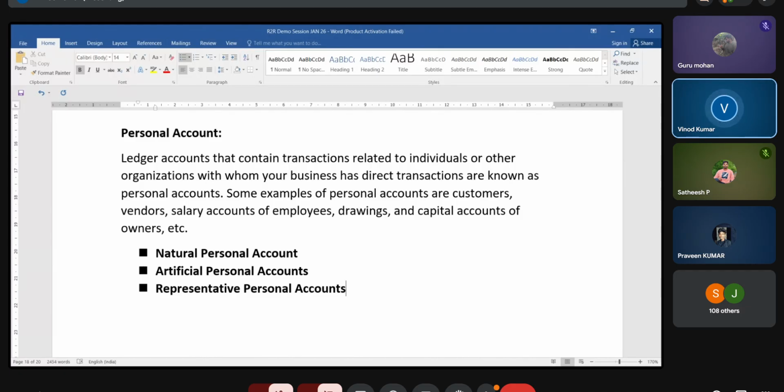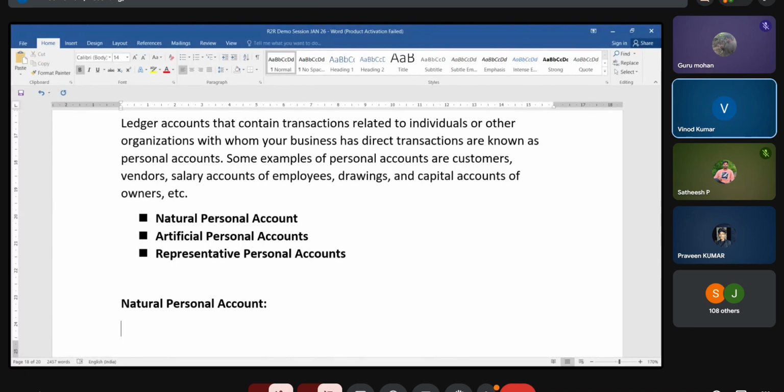For all these three, the rule is the same, but understand what is artificial, what is natural, what is representative. First is the natural personal account.